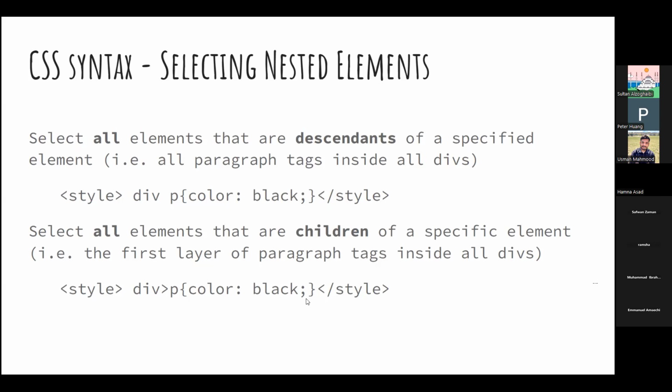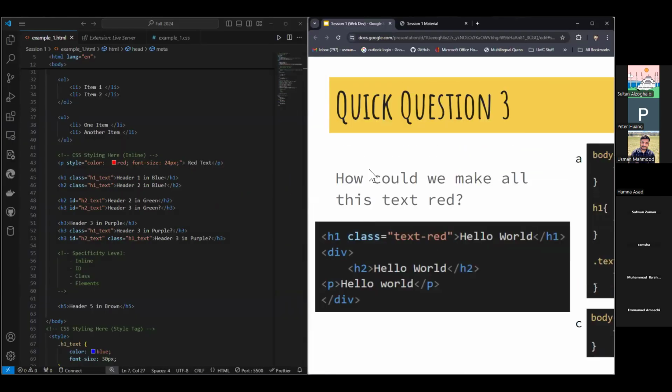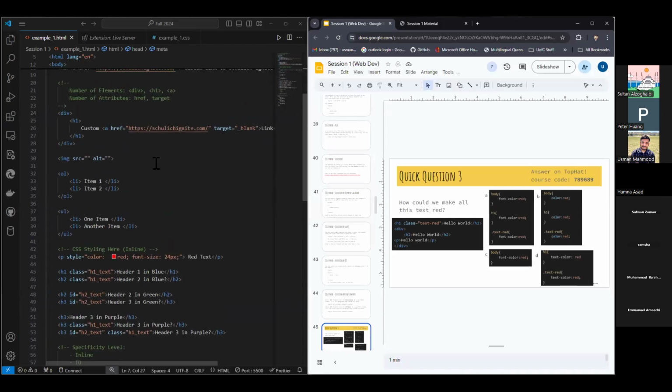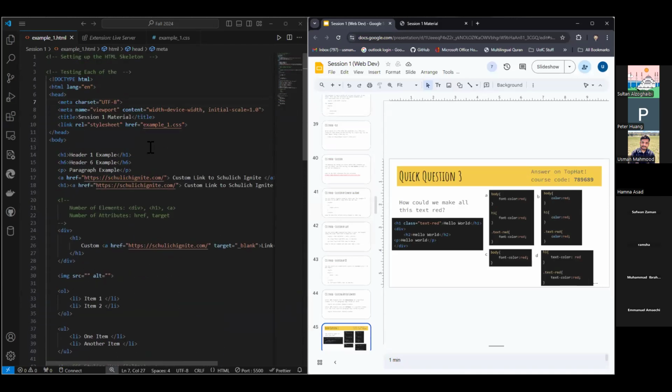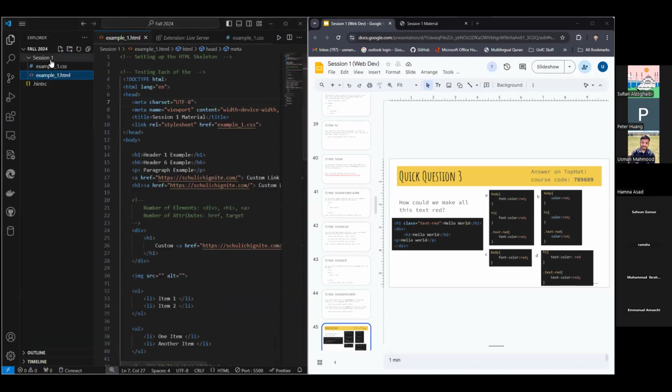Where would you put the name of your file? The name of the file in the HTML code? There's one thing that says link rel equals stylesheet, href equals file.css. The CSS file will be in the same directory as your HTML code level wise. So if I look here, I have this session one and I have two files here.